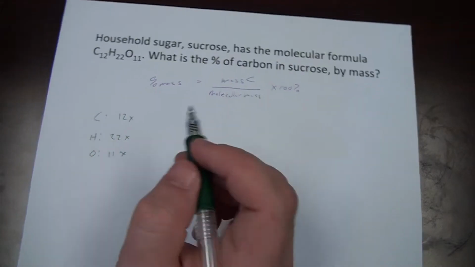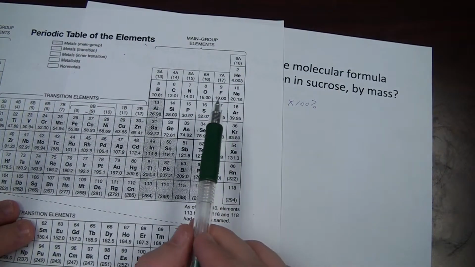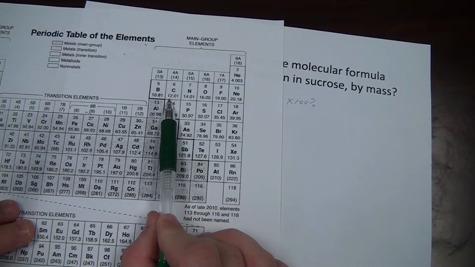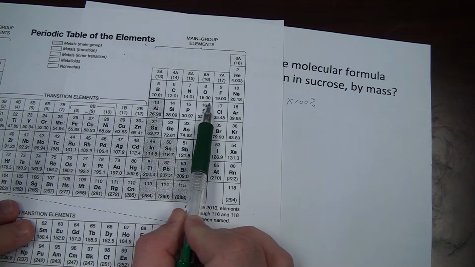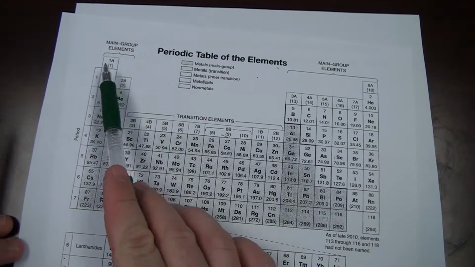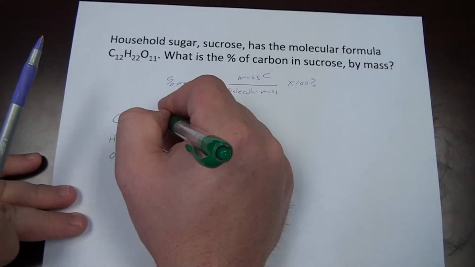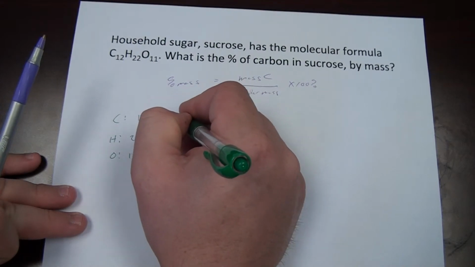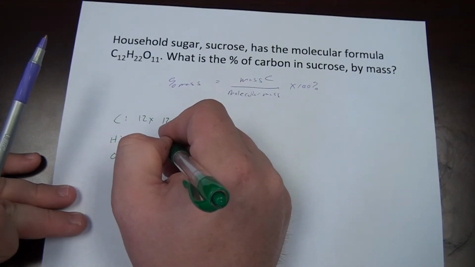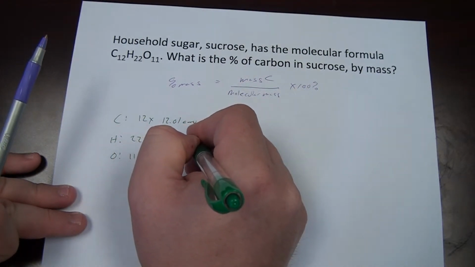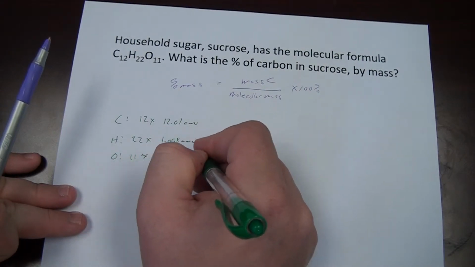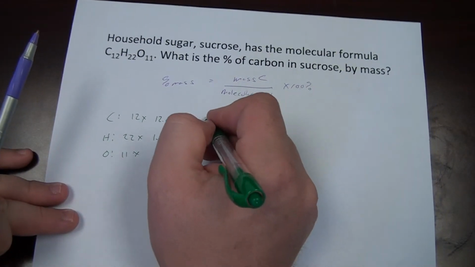Back to the periodic table to get the mass. Carbon has 12.01 AMUs, hydrogen 1.008 AMUs, and oxygen 16.00 AMUs.